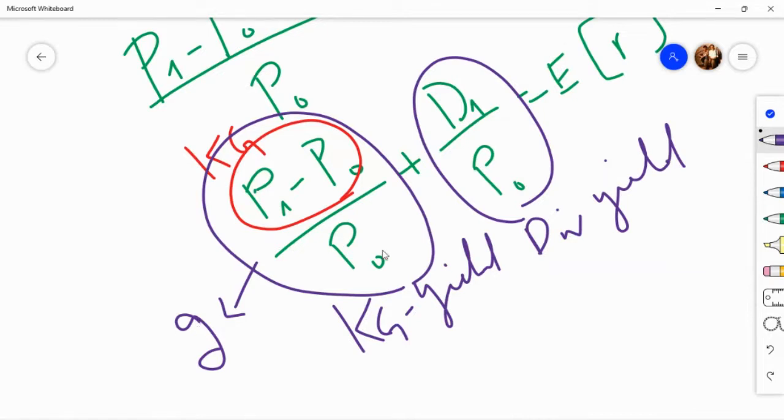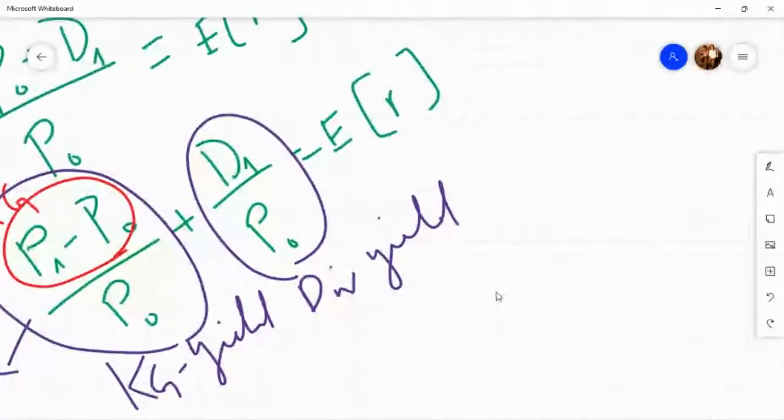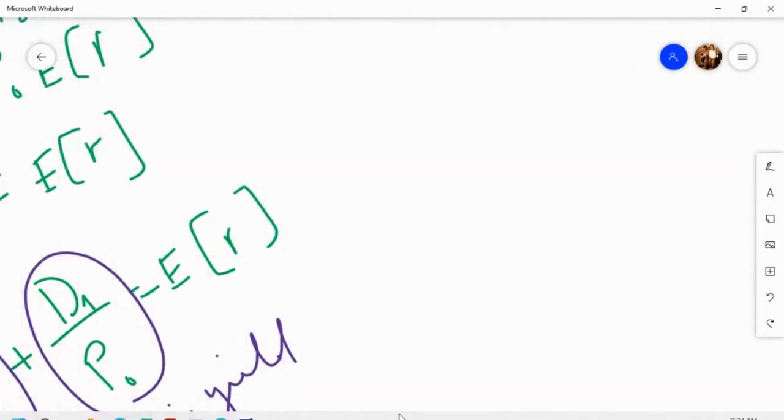Now, when we talk about yield, you might remember, isn't that the bond thing? Yes, you saw it from the bond, and there are two types of yield: yield to maturity and current yield. I told you, yield is another name for annualized return. And in bond, what was current yield?